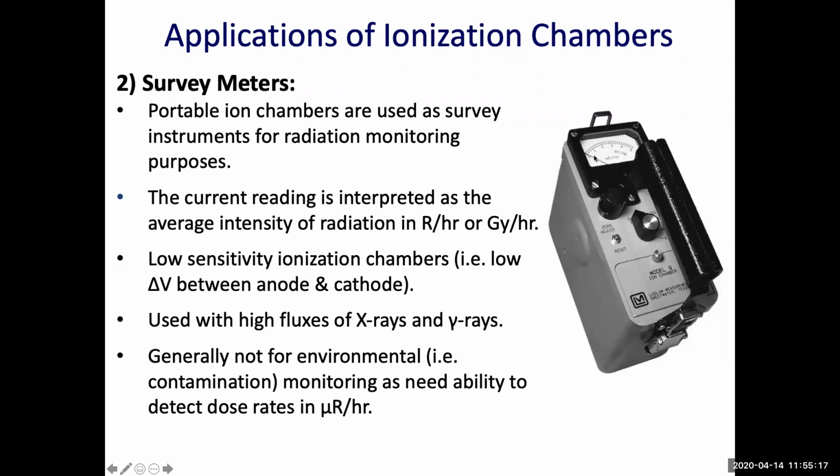The current reading is from a low sensitivity ionization chamber, with a low voltage difference between anode and cathode. So this kind of survey meter has low sensitivity, okay? So it is used with high flux X-ray and gamma ray. This kind of survey meter cannot be used to detect contamination.